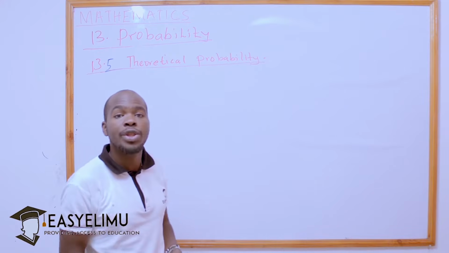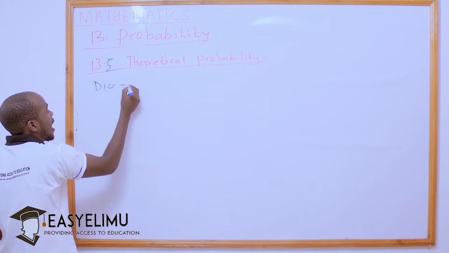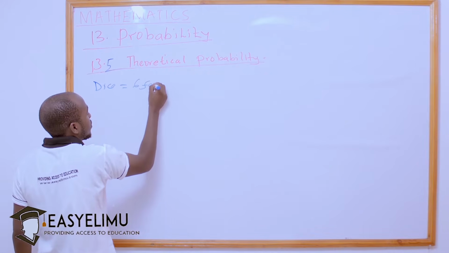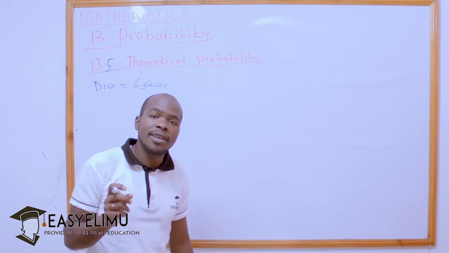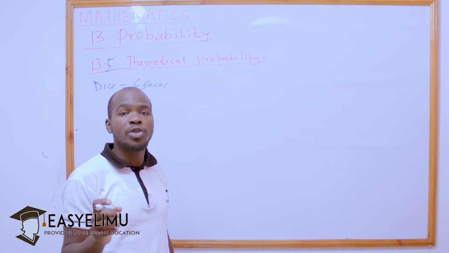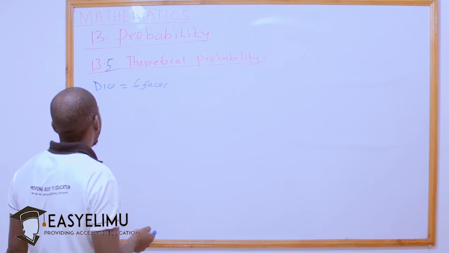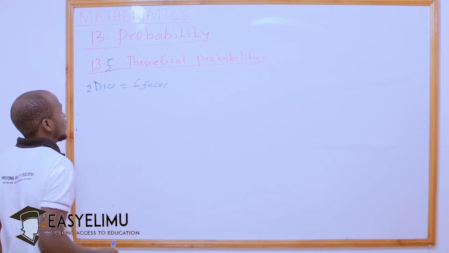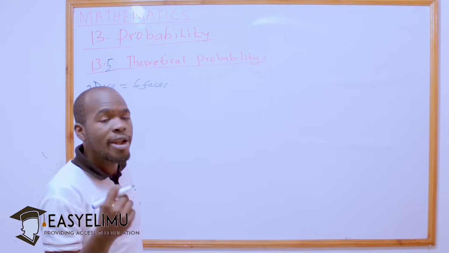Here we have been given 2 dice, and we know each dice has 6 faces. If we number these 6 faces, we may give them numbers from 1 up to 6. So if there are 2 dice, each dice will have 6 numbered faces.